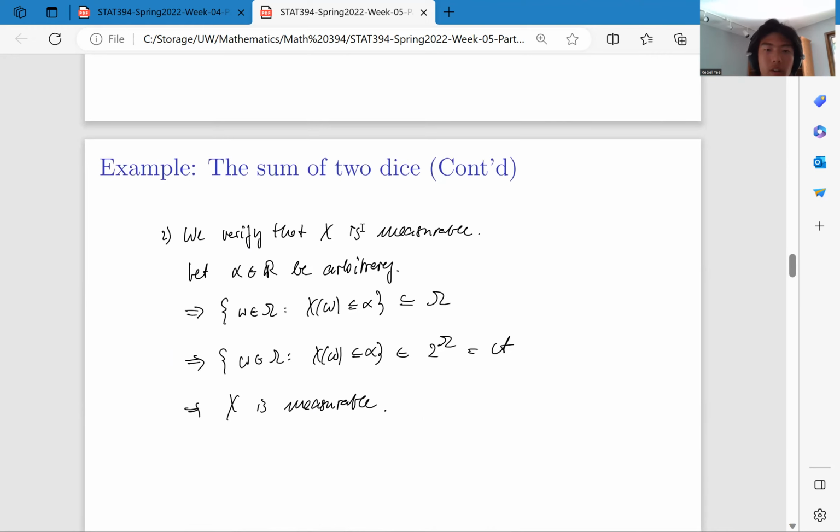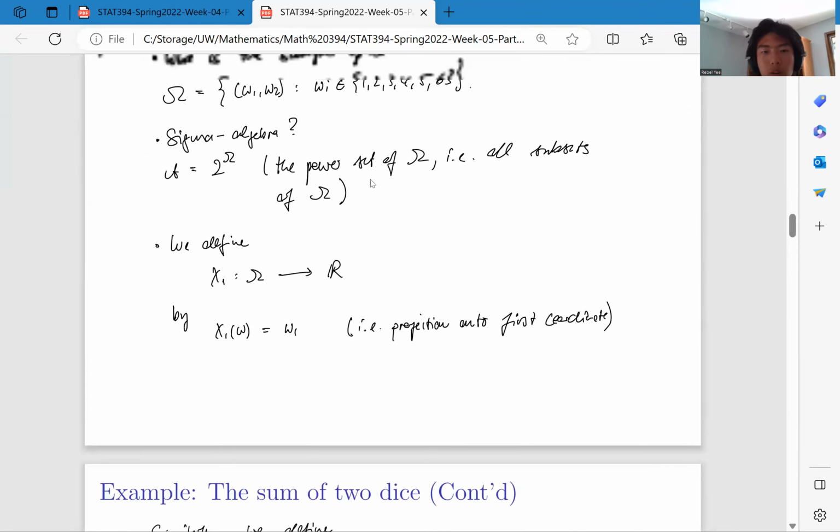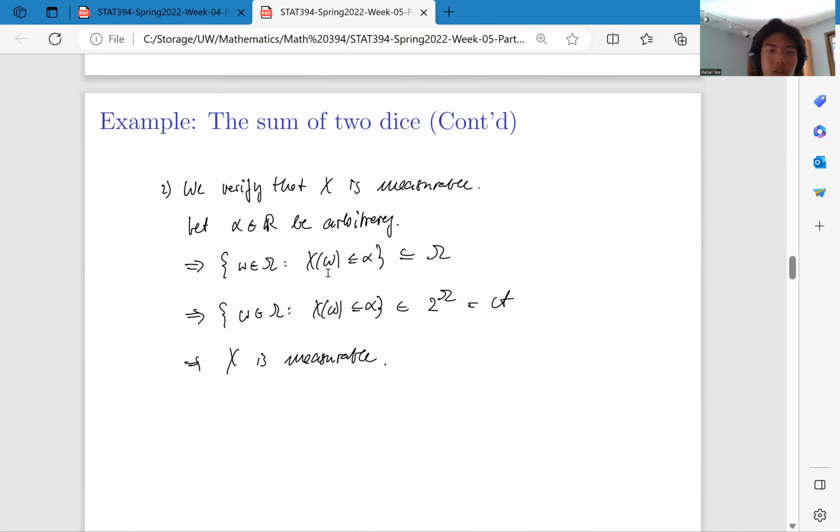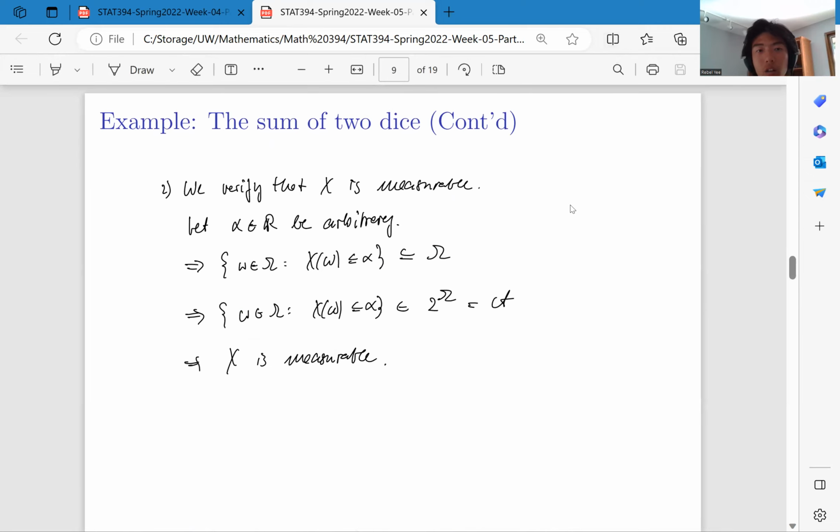And we verify that X is measurable because we already proved that X1 is measurable, and X2 is also measurable, and because they're both measurable, adding them is also a discrete distribution, right? It only has 36 single points to add together. So X is measurable as a final result.